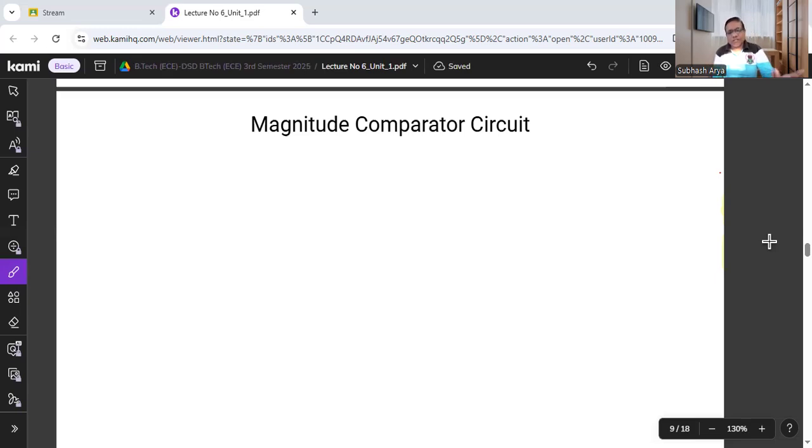So let us begin to understand the simple logic behind this 1-bit magnitude comparator.